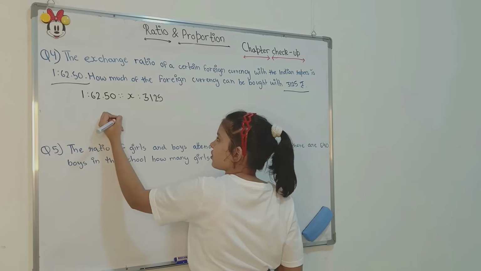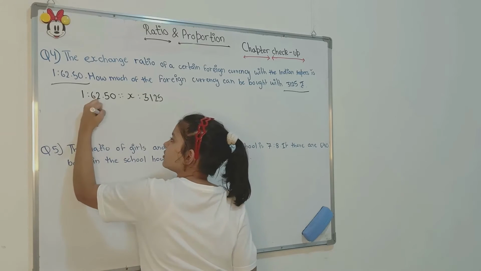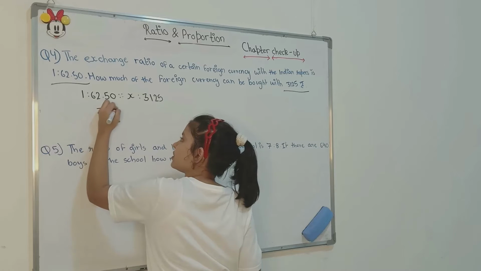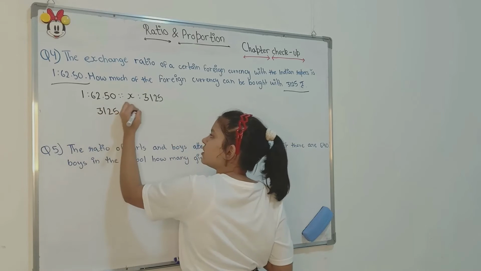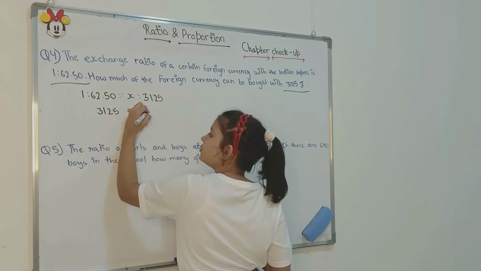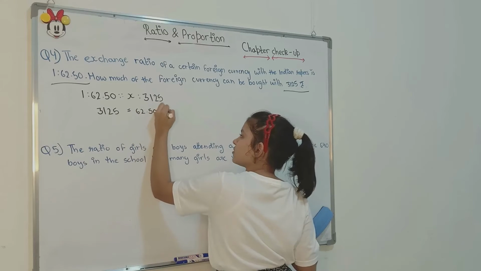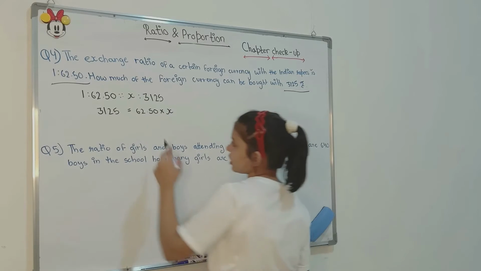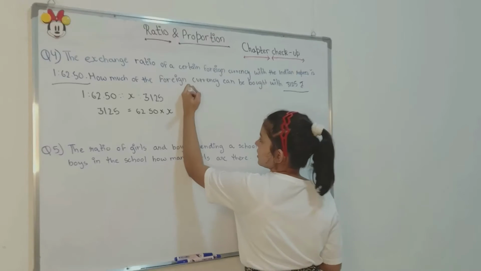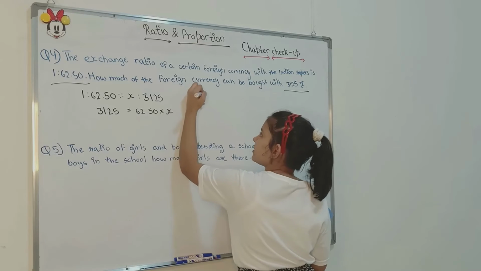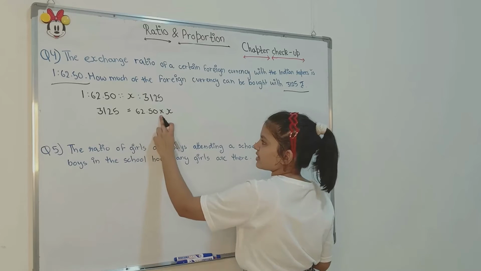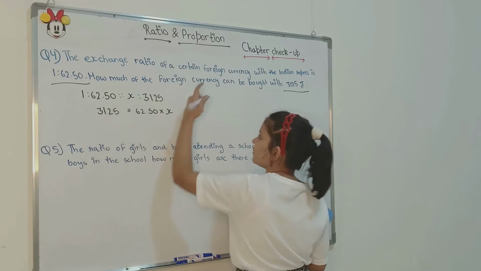Now we'll do cross multiplication and we'll get 3,125 is equal to 62.50 into x. So now here we got x, so we have to divide. If it's multiplying here, we'll go on the other side and we'll divide.